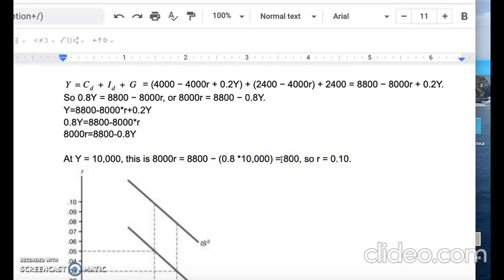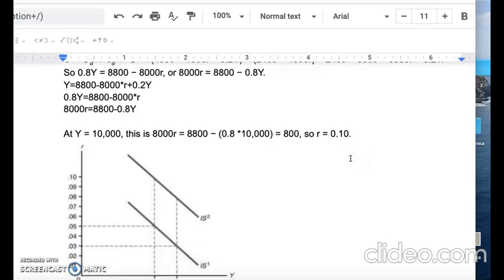And then 8,800 minus 8,000 will give us 800. So 8,000 multiplied by the interest rate is equal to 800, and after the calculation we will have the interest rate equal to 10%.